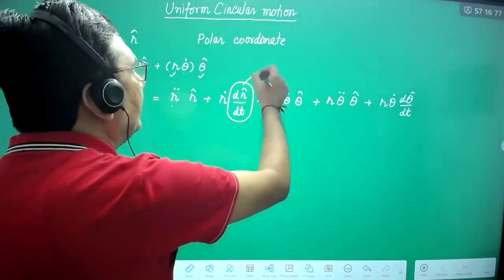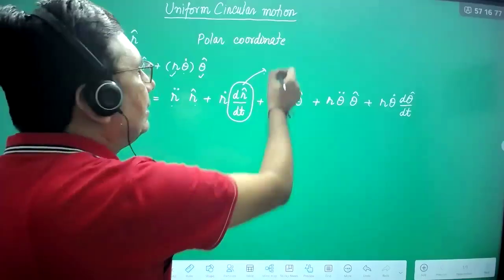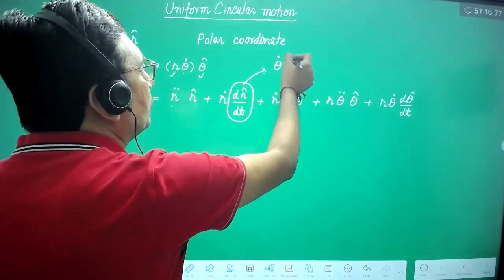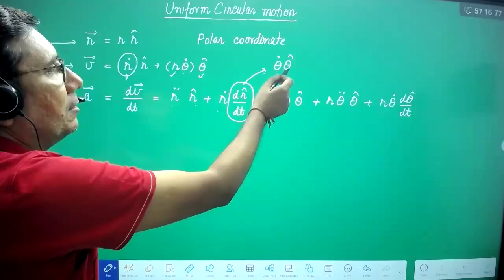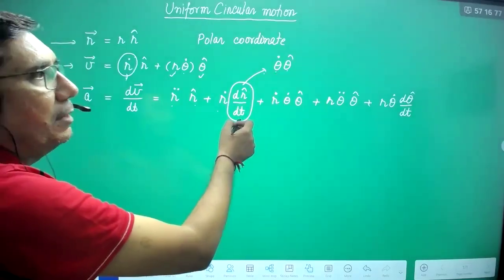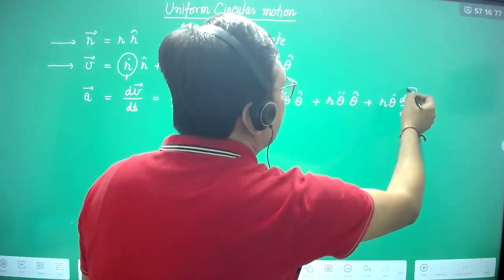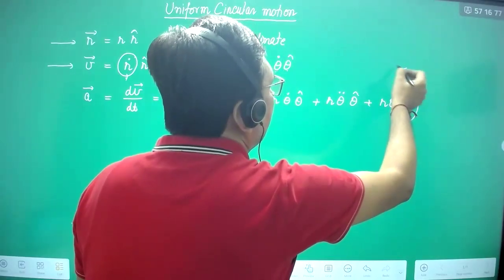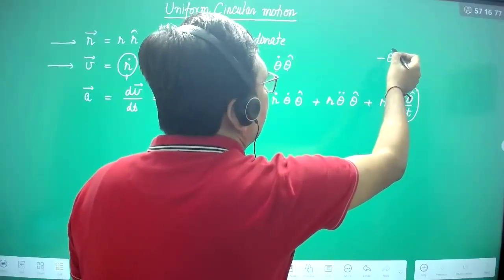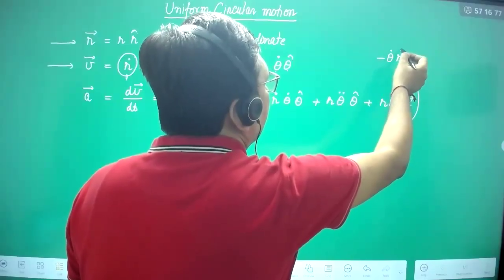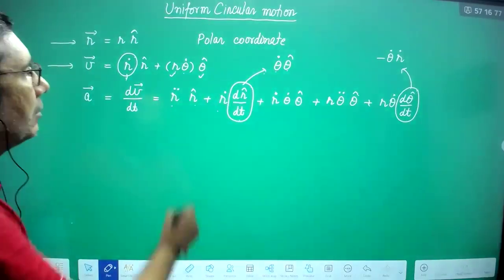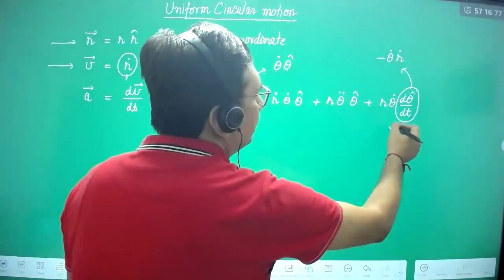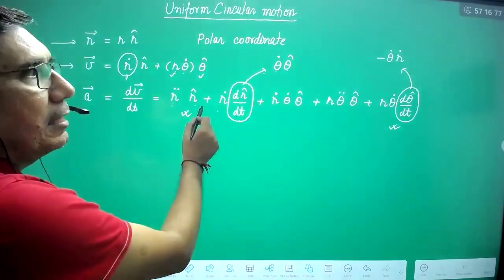In the last class, I found dR cap by dt is theta dot theta cap. Substitute it here: theta dot theta cap in place of dR cap by dt, and in place of this d theta cap by dt, that will be equal to minus theta dot R cap. So if you combine this term and this term together, here this is R double dot R cap.